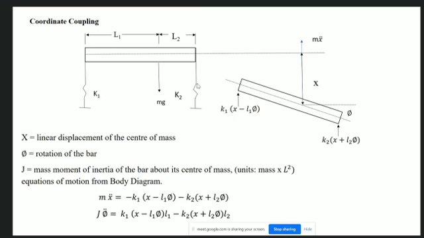You know that we can simply apply the formula that x equals, if the distance is x from the left hand side, then k1 x1 plus k2 x2 divided by k1 plus k2. All of you know how to find the line of action of the resultant of a set of parallel forces.